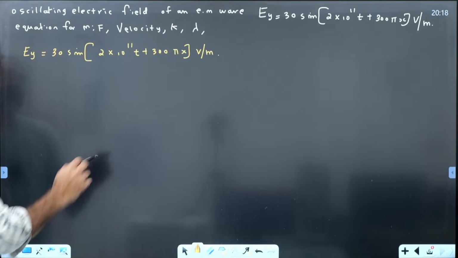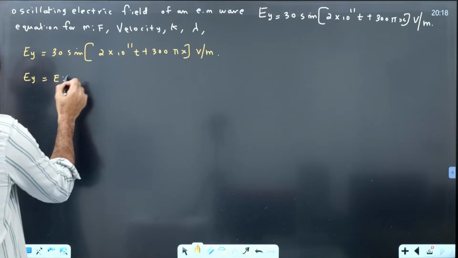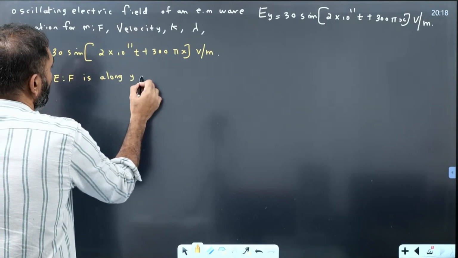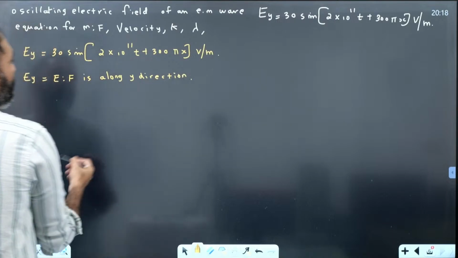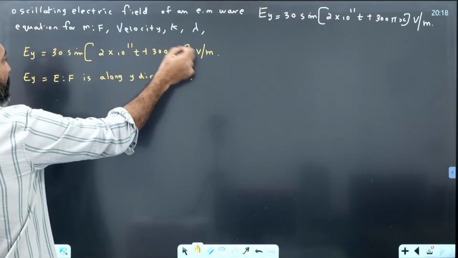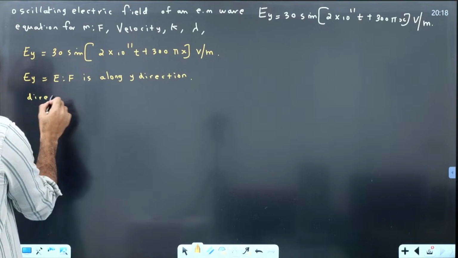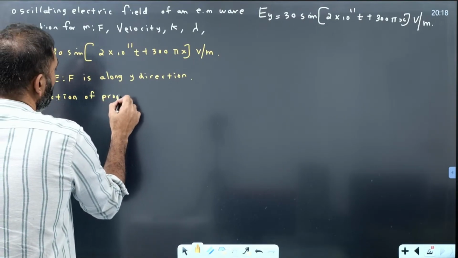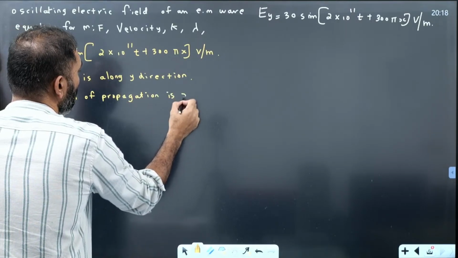From this data, I understand the electric field is along y direction, and the variable after k, 300 pi, is x. Direction of propagation is along x direction. So that is also found out.